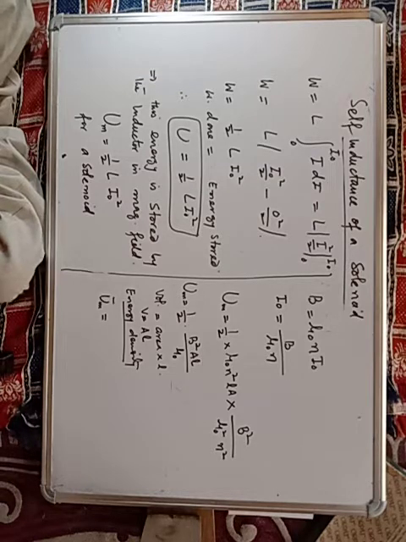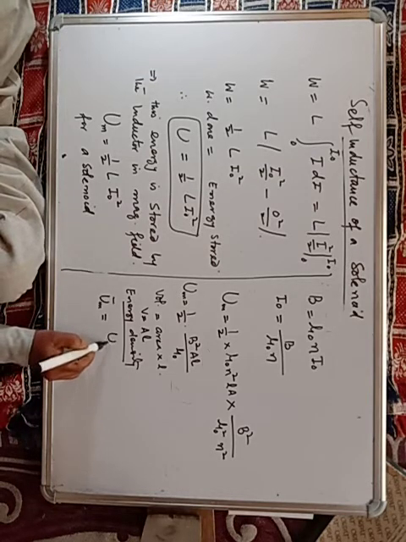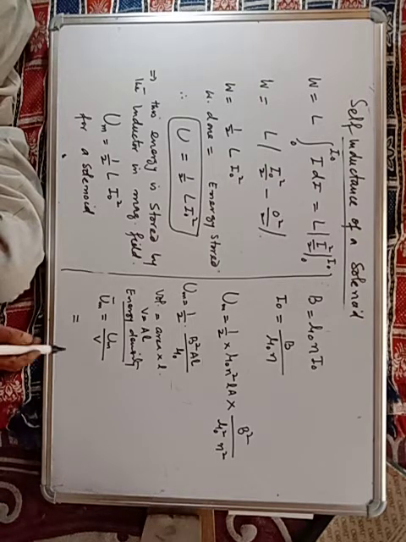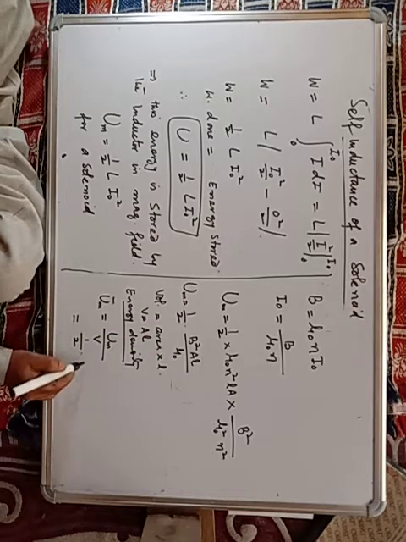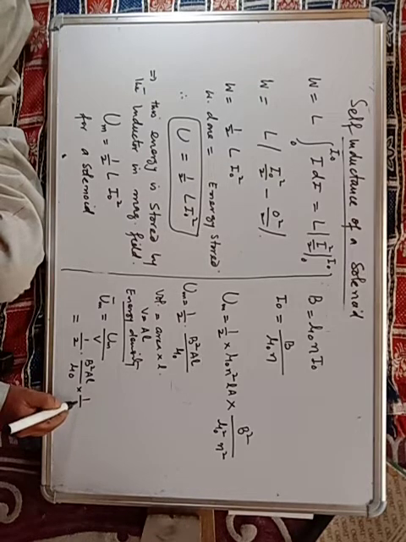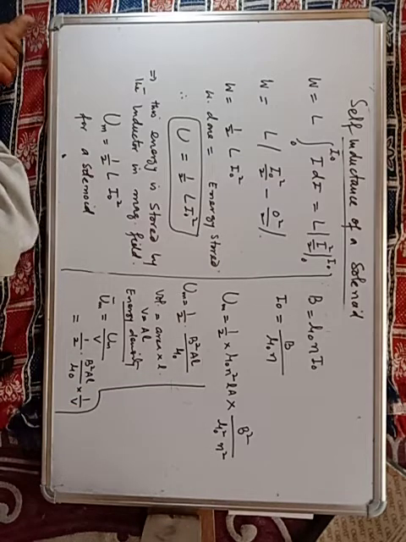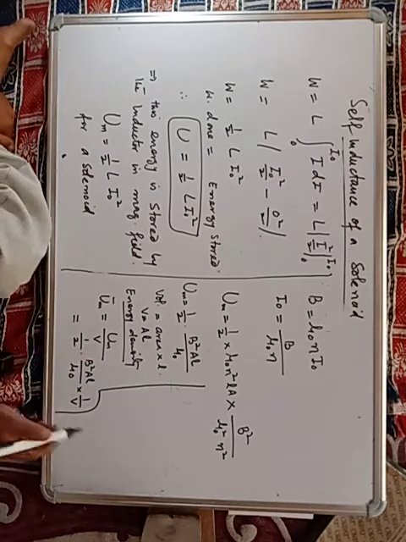So Um bar is equal to Um divided by V, which is equal to 1/2 of B square AL divided by mu naught multiplied by 1 upon V, where V is not velocity, it is volume. Volume is equal to AL.